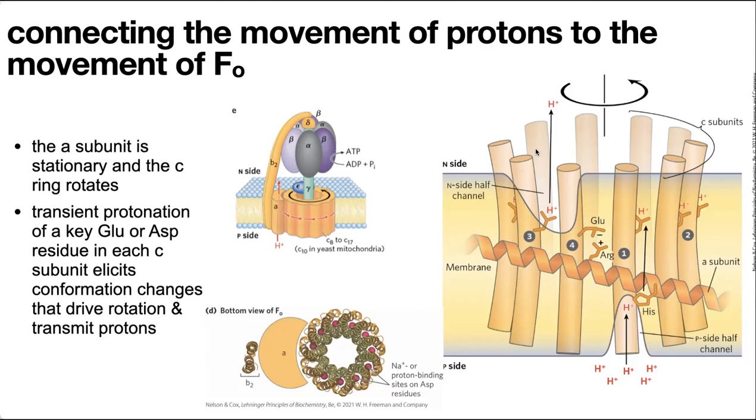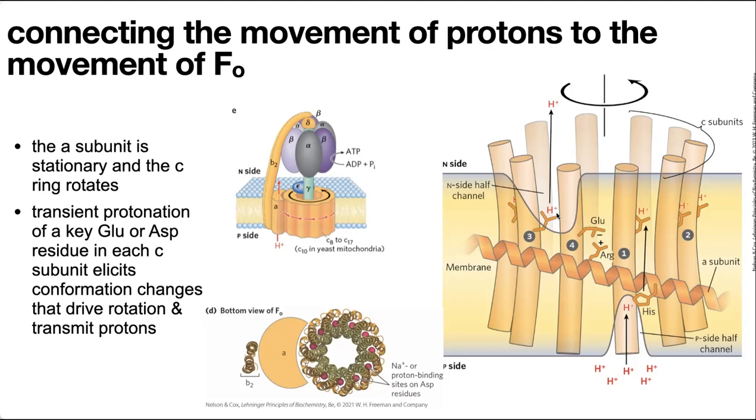And in fact, that's what happens. So you have protons flow in. It can then protonate that key residue. That's going to interrupt interactions that residue had with another residue. So basically, you're going to interrupt ionic interactions. When you interrupt things, you are going to cause a conformational change.